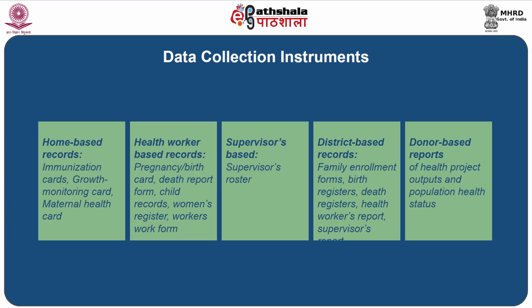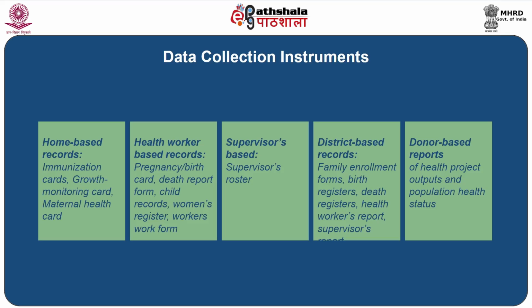Some of the other data collection instruments could be home-based records like immunization cards, growth monitoring cards, etc. Health worker-based records like the pregnancy or the birth card, death report, child record, women's registers, women work form, etc. Supervisors roster can be another instrument for data collection.